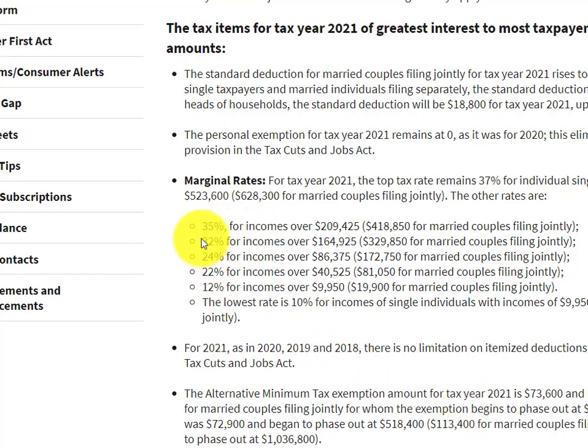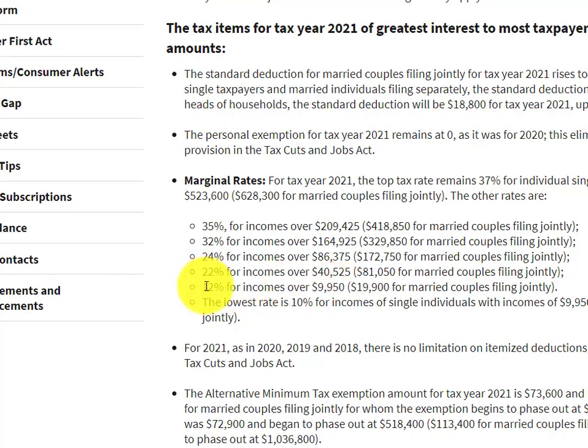So as you see, the rate is different depending on your income. So what has to happen and how we calculate your tax liability, for instance, your income first $9,950 is taxed at 12%.